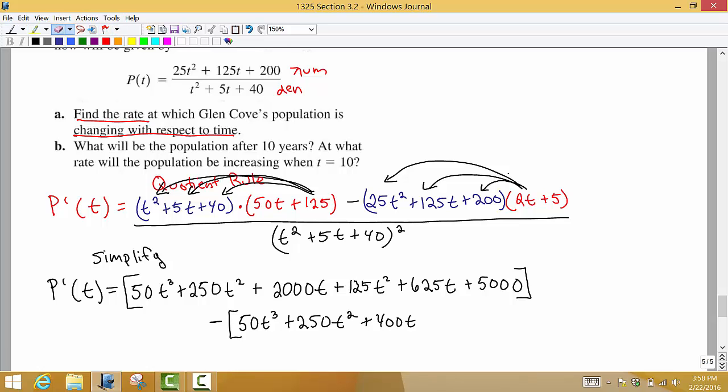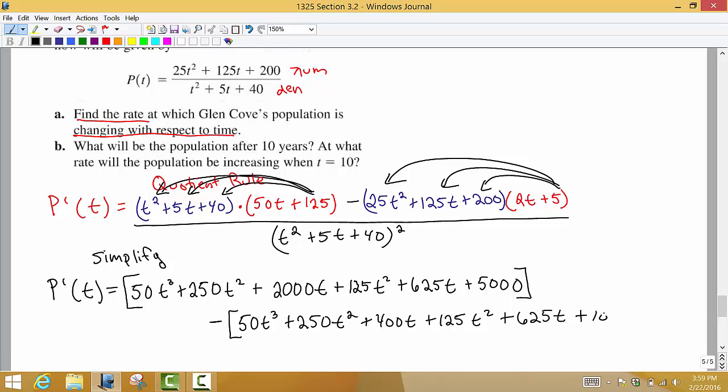And then I'm going to distribute the positive 5 as well. So that would be positive 125t squared plus 625t plus 1000.